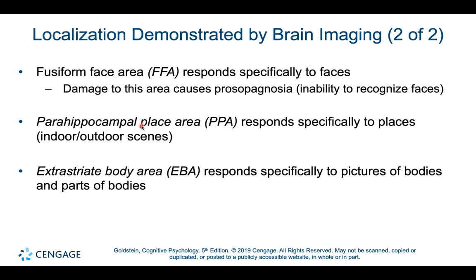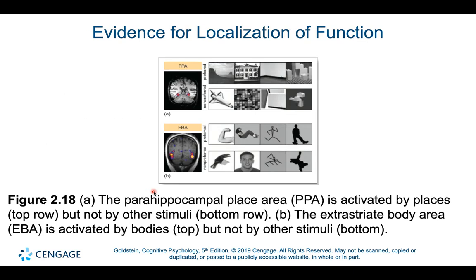The PPA, the parahippocampal place area, responds to scenery, basically places, whether those places are indoor or outdoor, and it does not respond to faces. All it does is look for context, right? Scenes, rooms, landscapes. And then the extrastriate body area responds specifically to pictures of bodies and or parts of bodies.